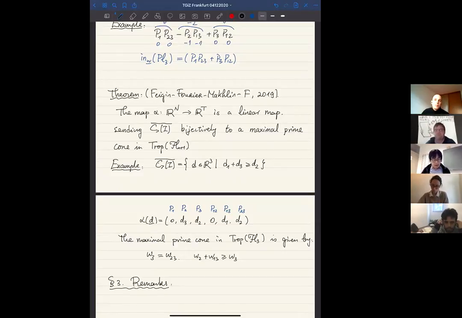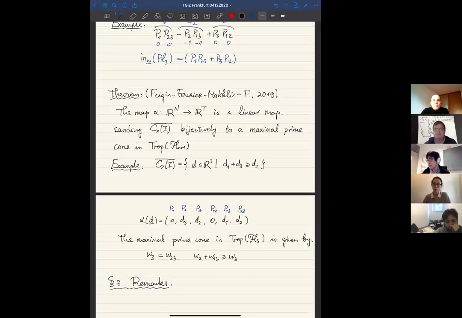This is why it's called work in progress. We know in other examples how to get some other maximal prime cone. For example, we can get one for the Gelfand-Tsetlin, and we also know the explicit facets of that cone. This recovers a result by Igor Makhlin. And there are some other situations where we can also get such a cone.